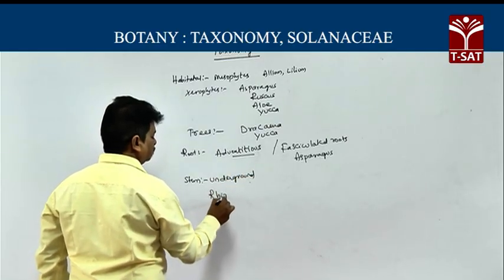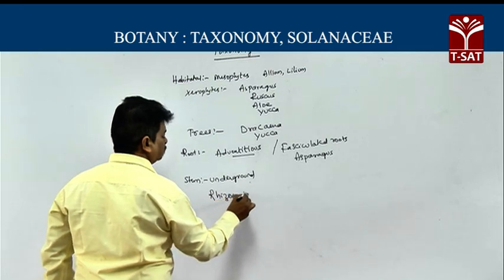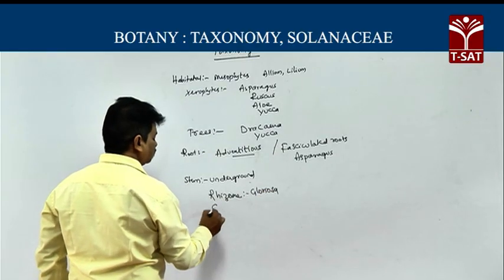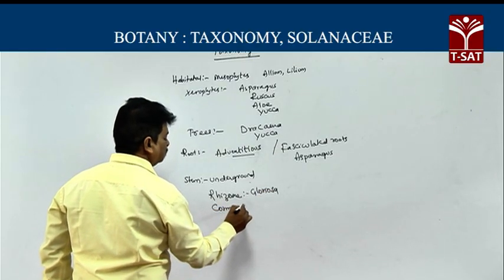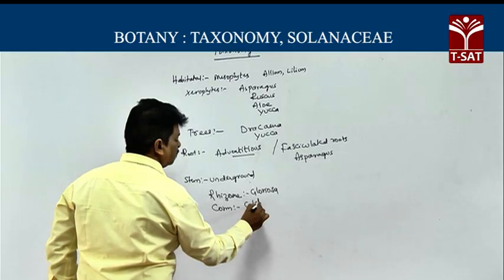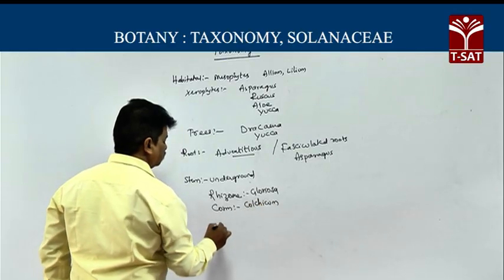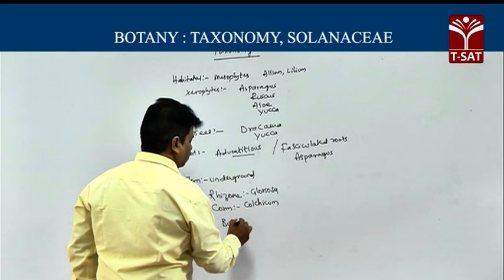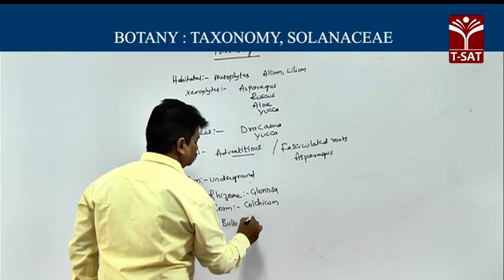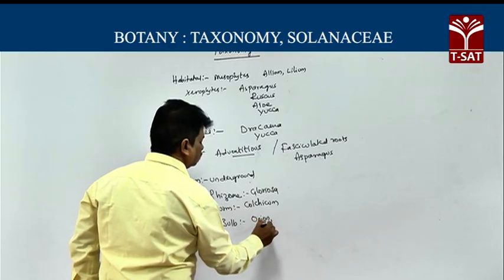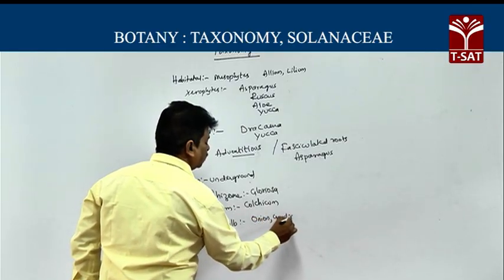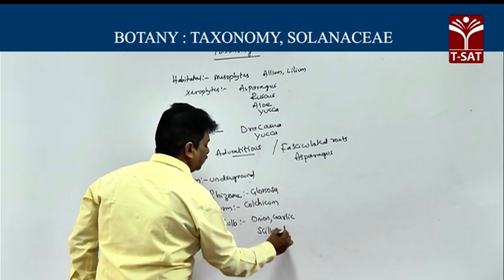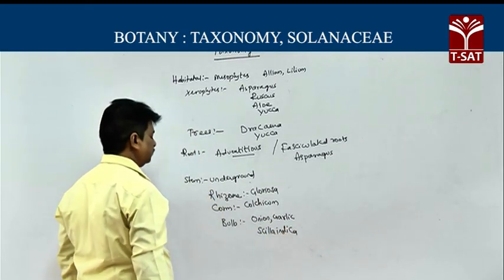Rhizome, example gloriosa. Culm, example colchicum. Bulb, example onion, then garlic and Scilla indica, spring onion.